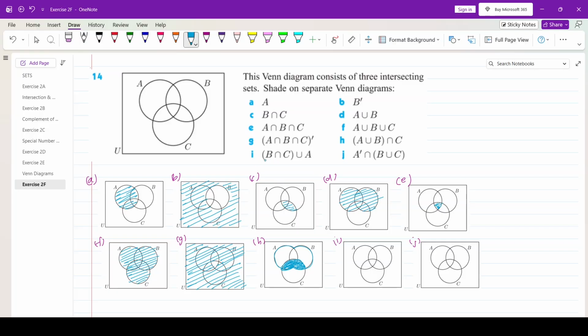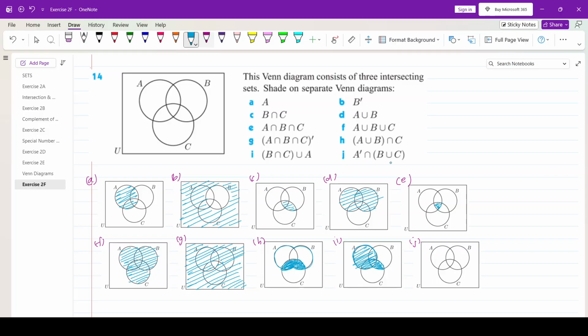Part I says B intersection C union A. B intersection C, which is this part, union A. So A is this part. So everything in this shaded region is what we are talking about.